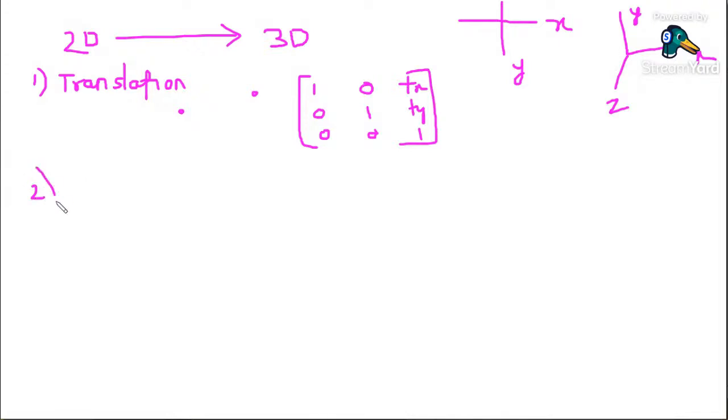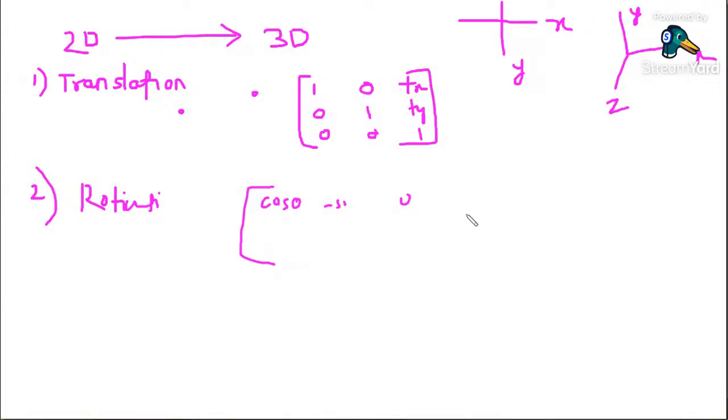Then the second operation that we have discussed is rotation. So there is a rotation about some point in the two dimensional plane. In case of rotation, the matrix is cos theta, minus sine theta, 0, sine theta, cos theta, 0, 0 0 1.